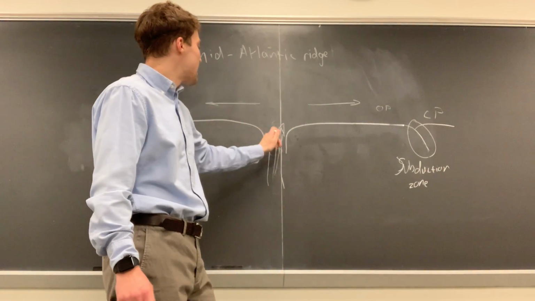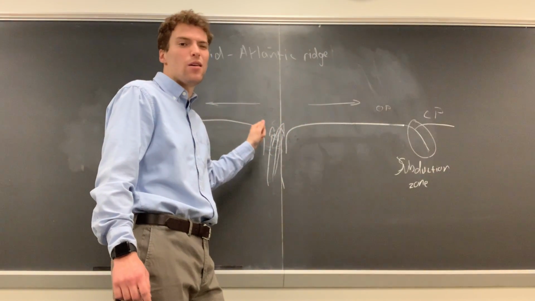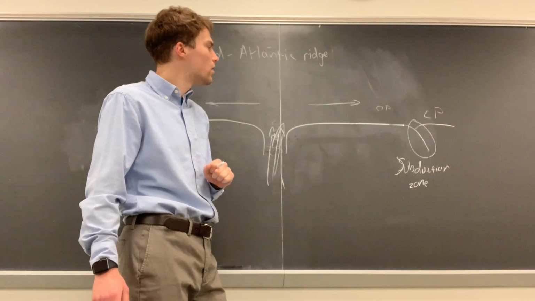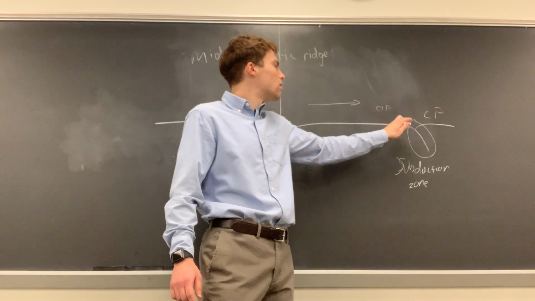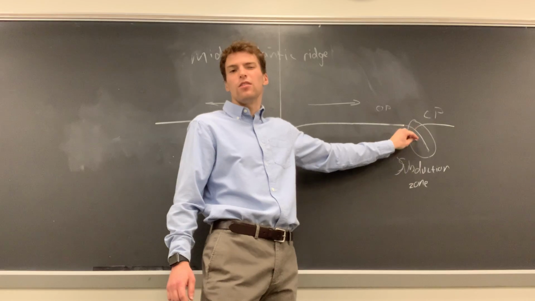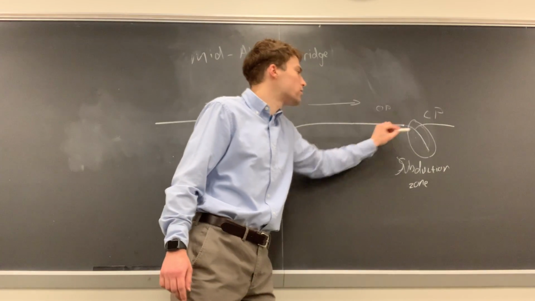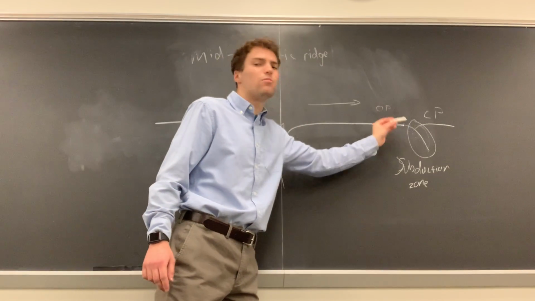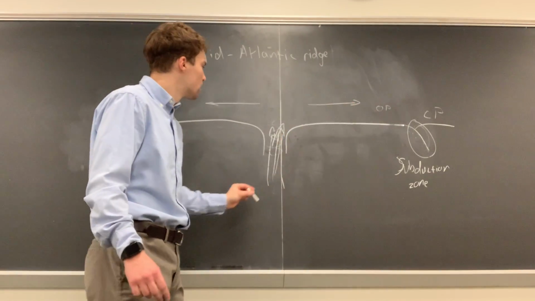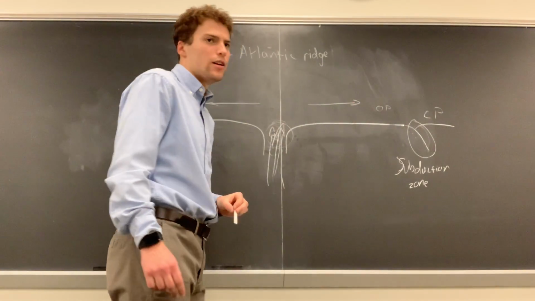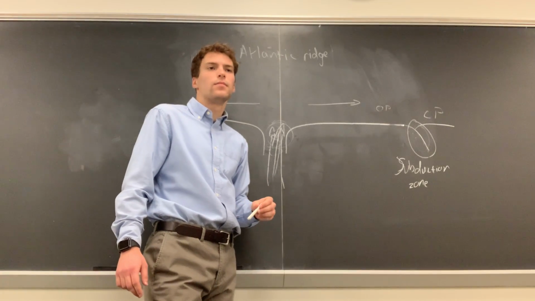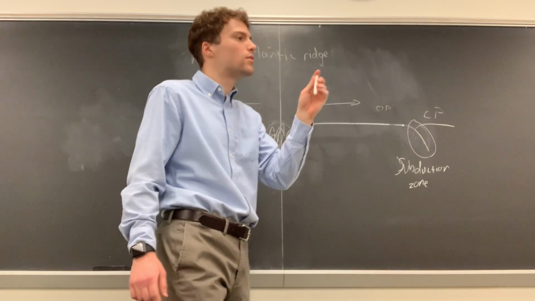If this is the youngest part of the crust, is this going to be younger or older? This part of the crust right here in the subduction zone, is this going to be younger or older than here? Yes.